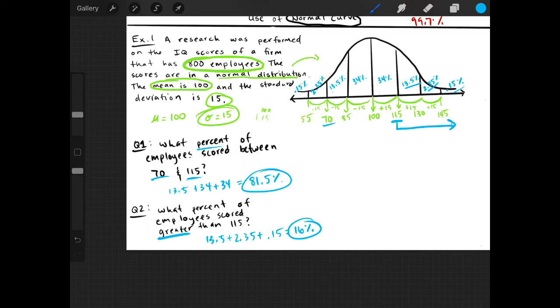You have this normal distribution, and you can find what percentage of employees scored in between 2 different IQ scores.